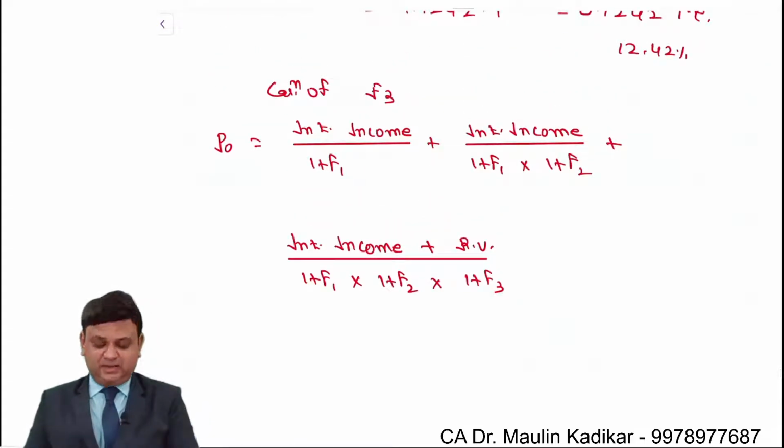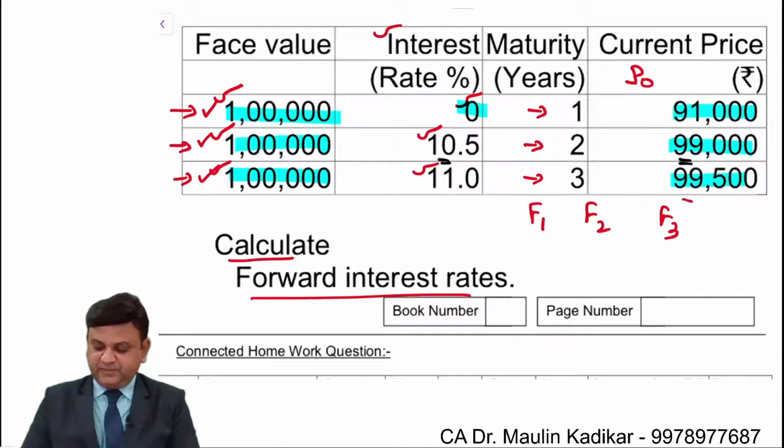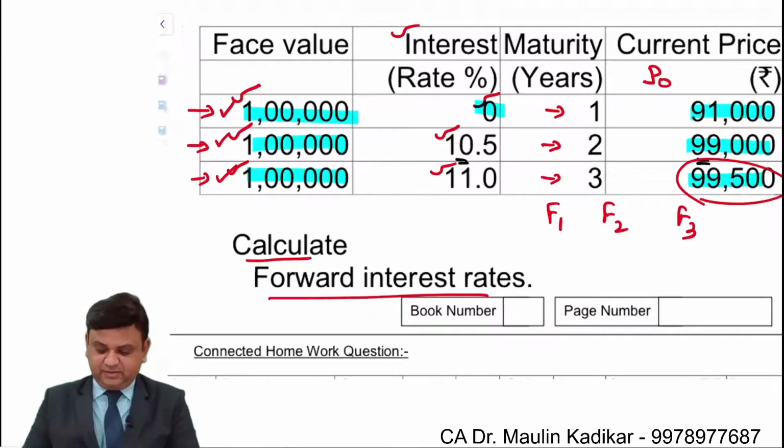That is what we understand. Okay, now what is P0? P0 is 99,500.